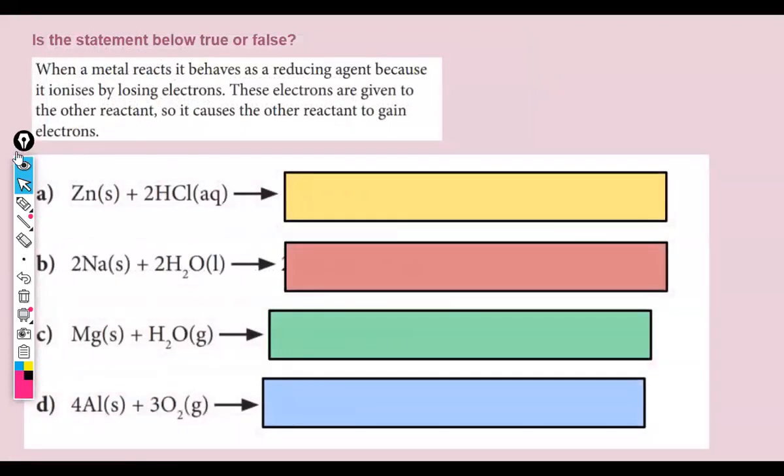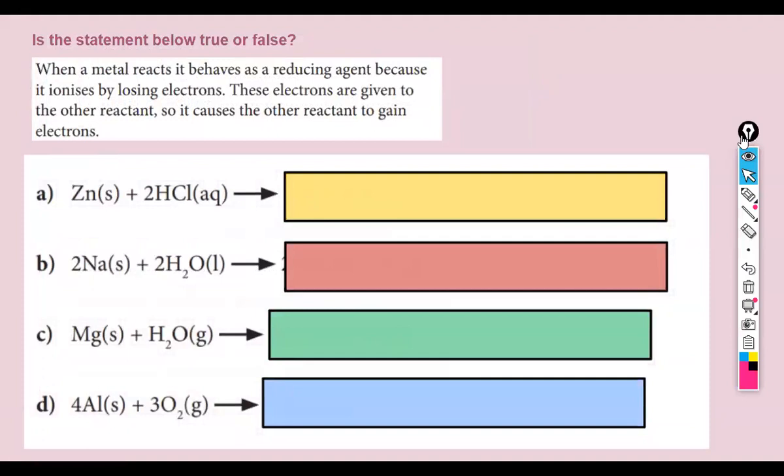The next question is a true or false question. When a metal reacts, it behaves as a reducing agent because it ionizes by losing electrons. These electrons are given to the other reactant, so the other reactant can gain electrons. Is that true or false?